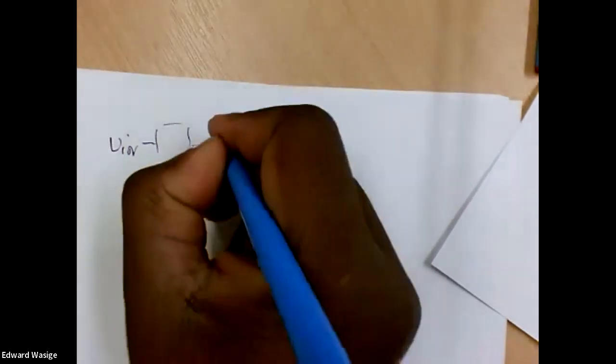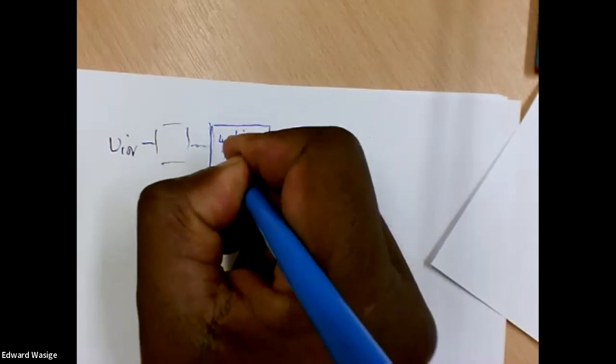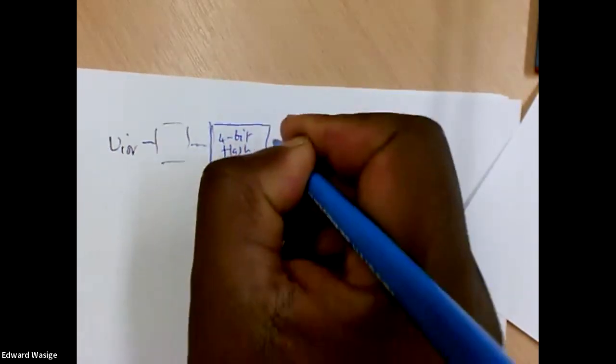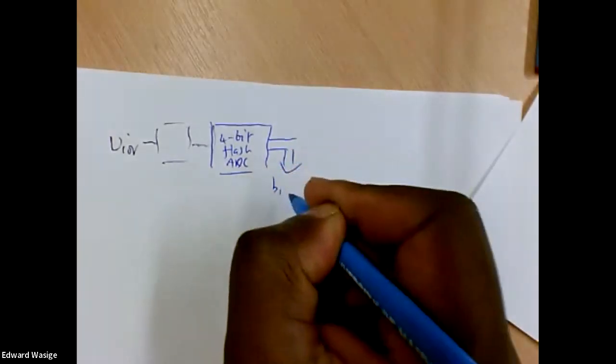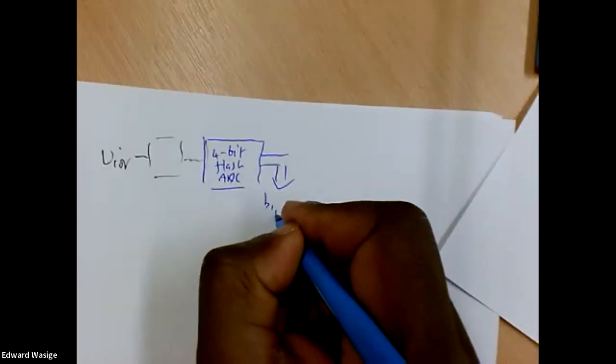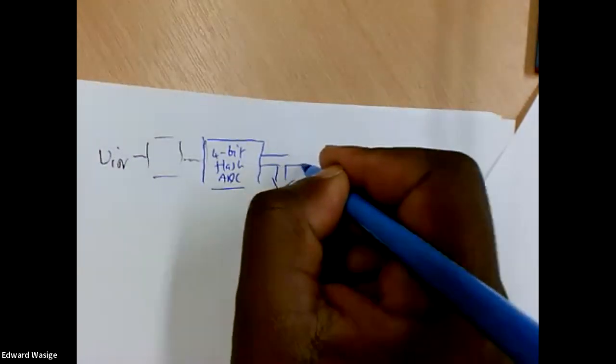So here I could have a 4-bit flash ADC. And out of the 4-bit flash ADC, I can get B1, B2, B3, and B4, in one clock cycle.